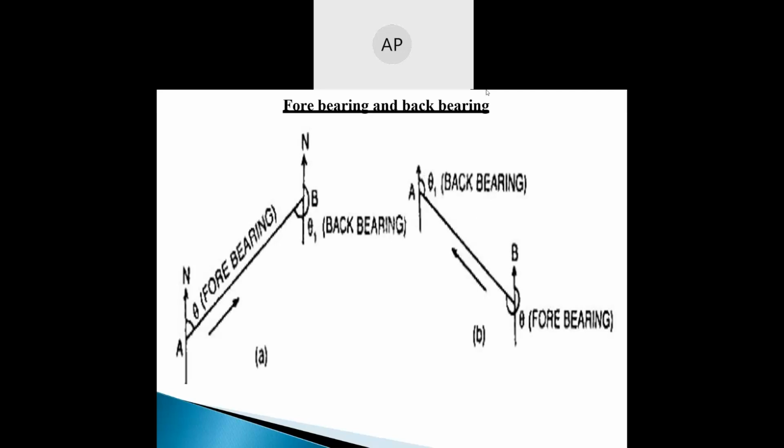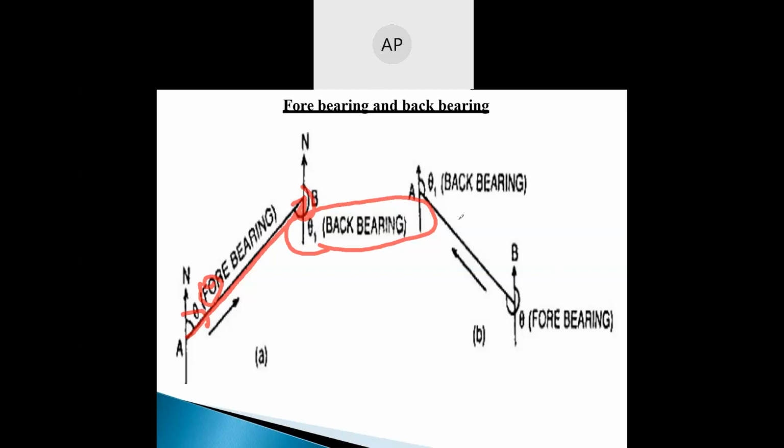In this figure you can see if you measure the angle from A to B, that is your forebearing, the angle theta. And this angle will be your back bearing, theta 1.